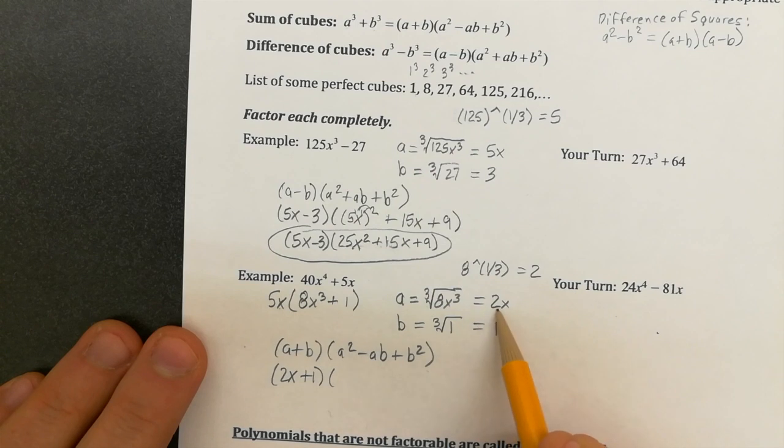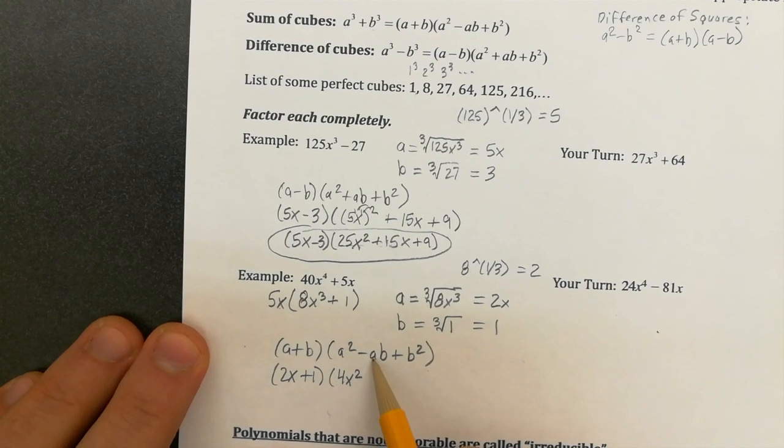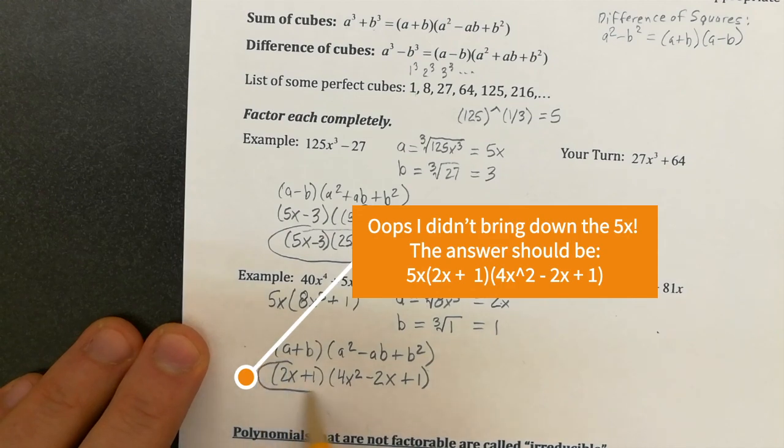So a squared, again, this is like 2x times 2x. That's going to be 4x squared, not 2x squared. You're squaring both of these, right, the whole thing. And then minus a times b, well, a times b is 2x, so minus 2x. And then b squared, well, that's just going to be 1 squared, which is 1. So there we go. There is my factored expression.